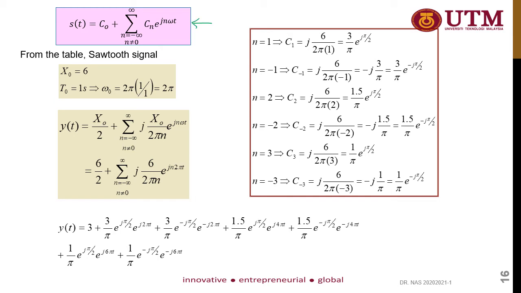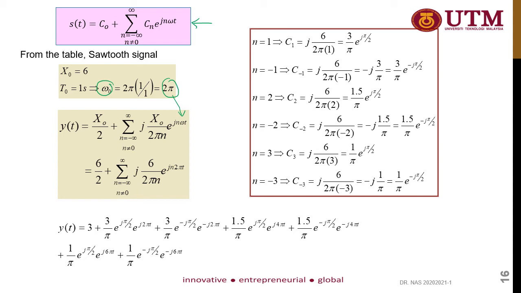So as shown in the earlier slide, this is your omega naught equal to 2 pi. So you can replace all the x0 and Cn equation and also your omega values. Okay, in this case, your C0 is 6 divided by 2. This is your Cn equation.